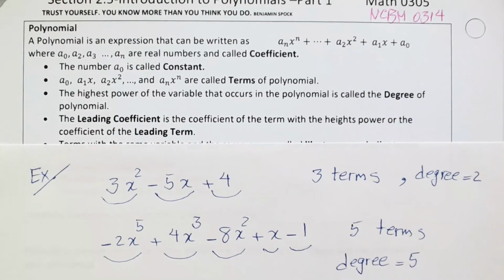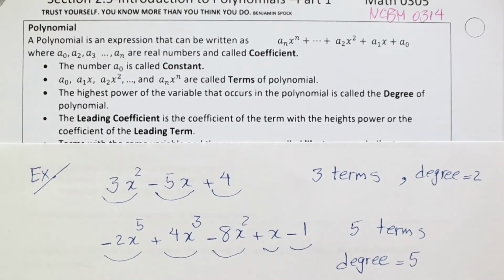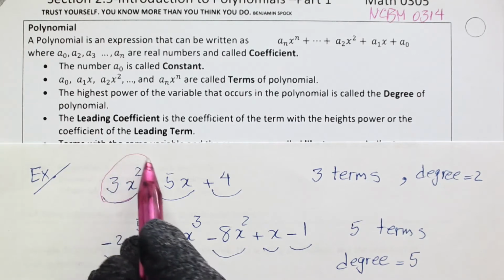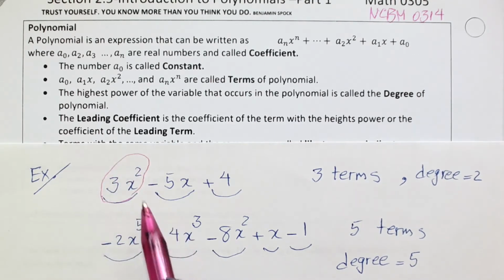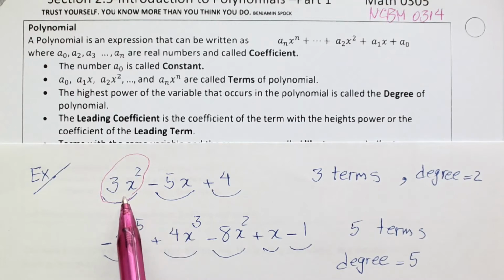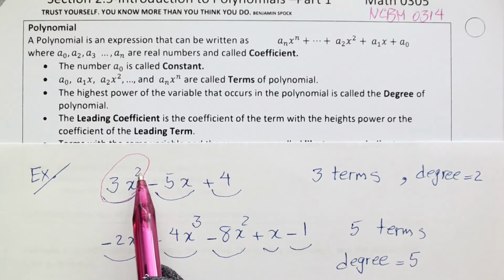Another thing that you need to know is the leading coefficient. In each polynomial, we have a term in which the variable has the highest power. We said that power, or exponent, is the degree of the polynomial.